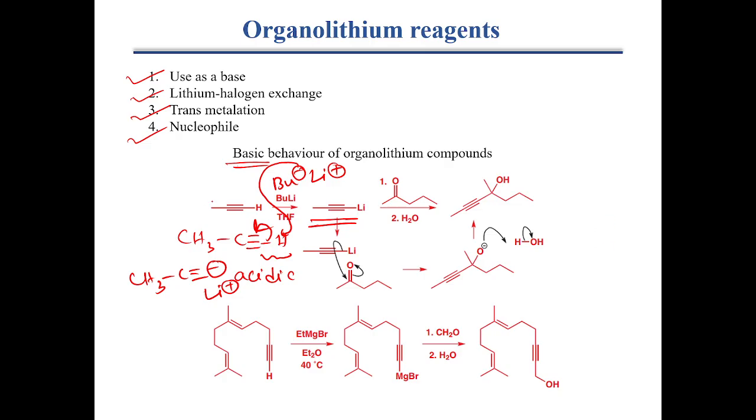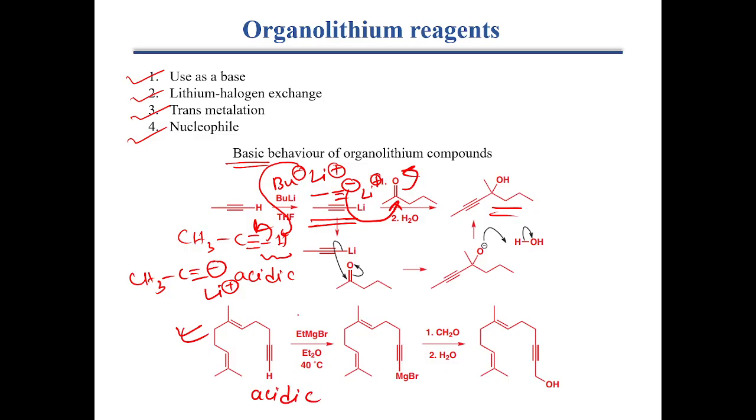Now in the presence of any electrophile, this base can react. As it has this minus and Li plus, it will react with any kind of carbonyl compound and form this kind of alcohol. In this example, as the alkyne is sp hybridized, it is acidic in nature.